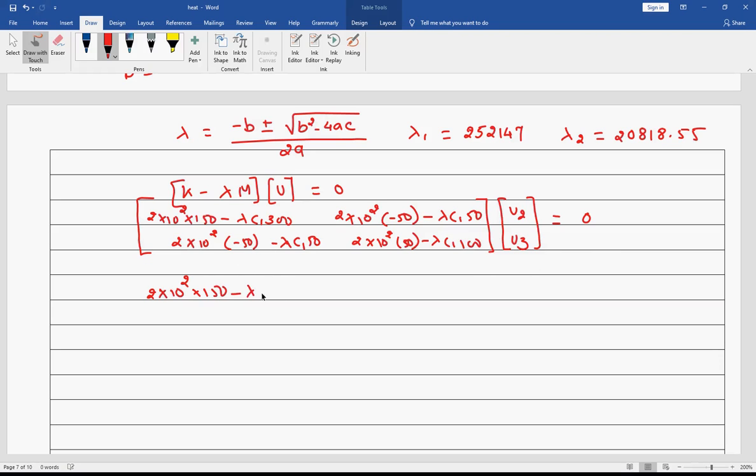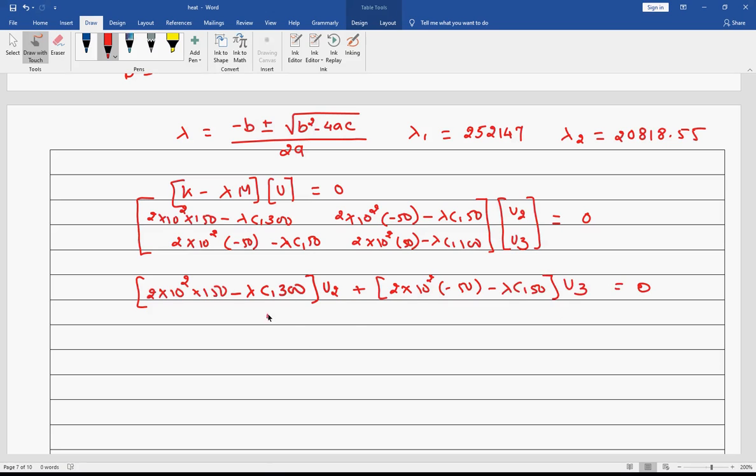So 2 into 150 minus lambda c1 300, and this will be multiplied to u2, then plus 2 into 10 to the power 2 minus 50 minus lambda c1 into 50 and plus u3 equal to 0.